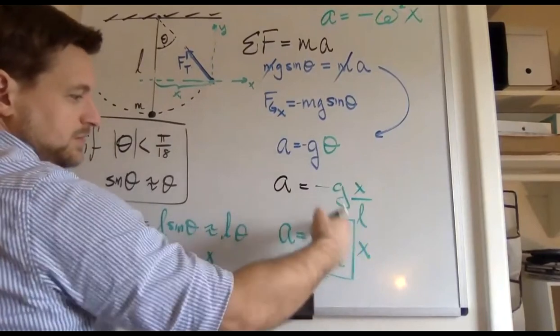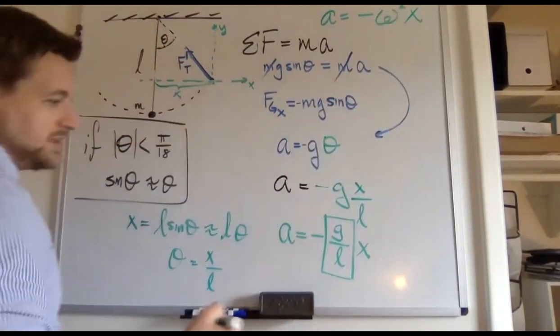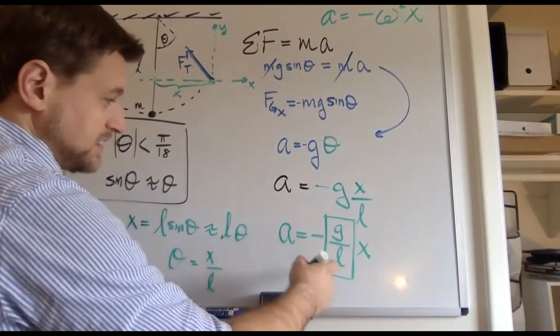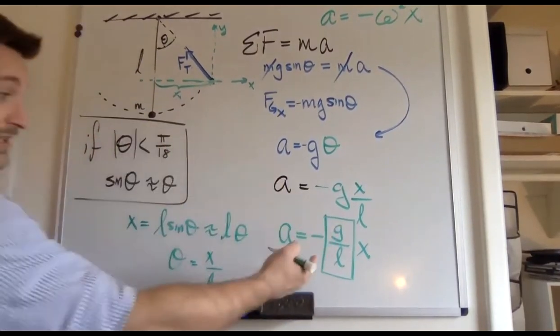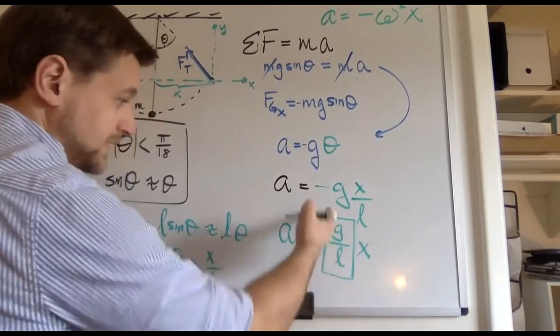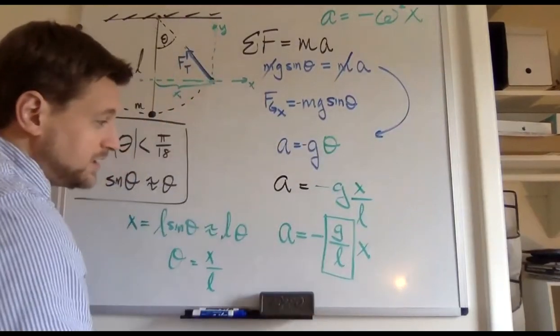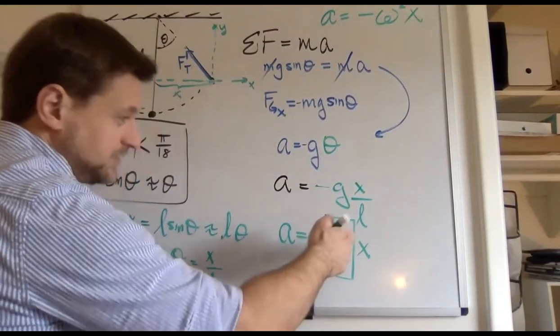So this thing in a box lives in the same spot where omega squared lives, and because gravity isn't changing and L isn't changing, this is a constant thing, just like omega was in terms of K and M, negative proportional to the displacement.